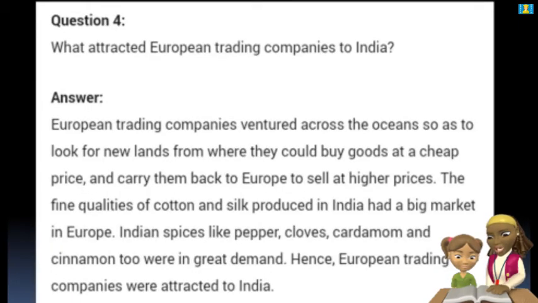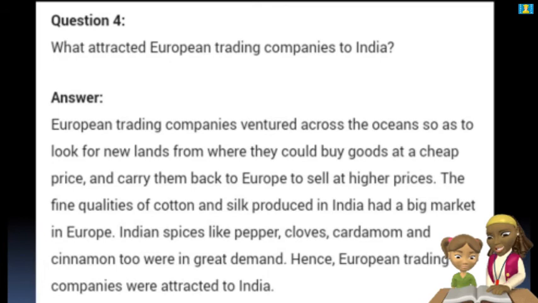Question. What attracted European trading companies to India? Answer. European trading companies ventured across the oceans so as to look for new lands from where they could buy goods at a cheap price and carry them back to Europe to sell at higher prices.